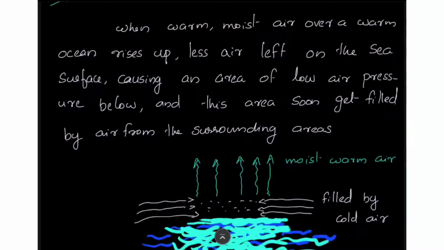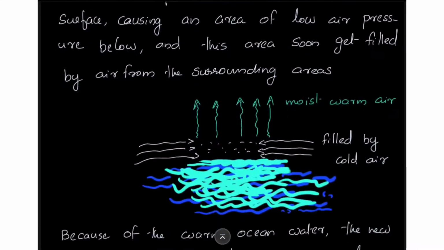The picture shows this: when the water in the sea gets warm, the moist warm air moves upward, shown by these green arrows, and this area becomes vacuum, and cool air from the surrounding seas gets filled into this space, shown as these white dots.